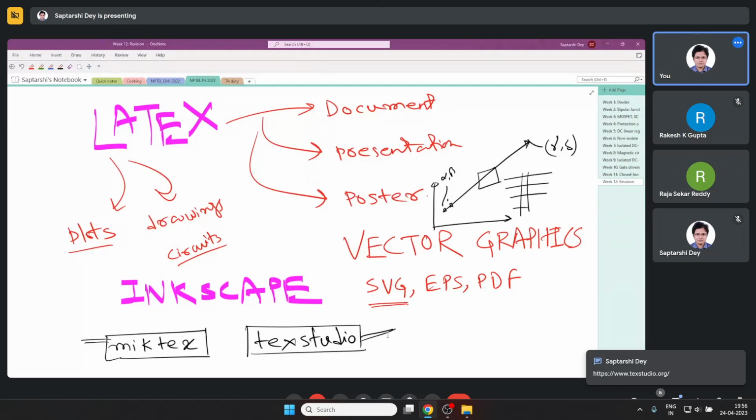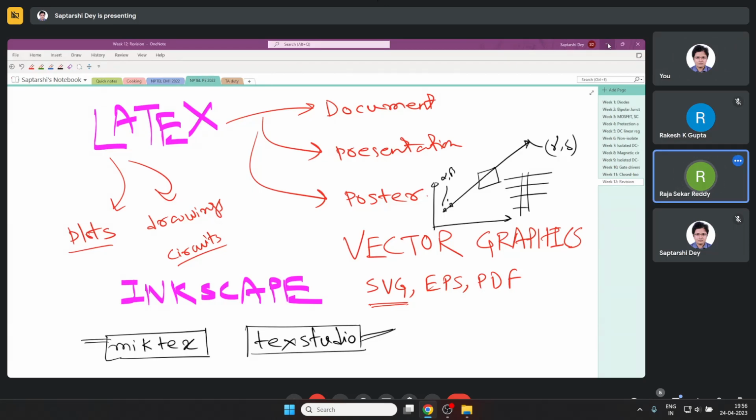Okay, let me show you some documents that I made with MiKTeX and LaTeX. Papers we all write, but I cannot show you papers directly right now. Okay, I will show you this.